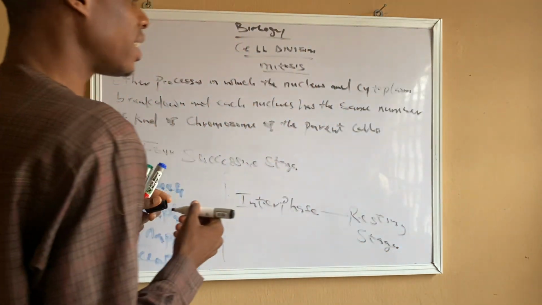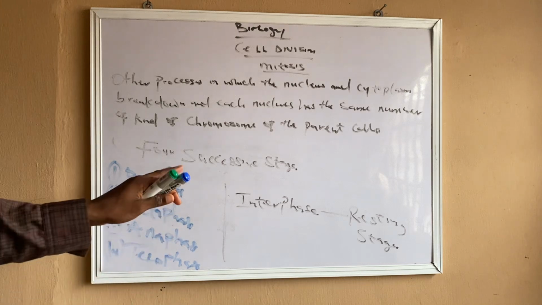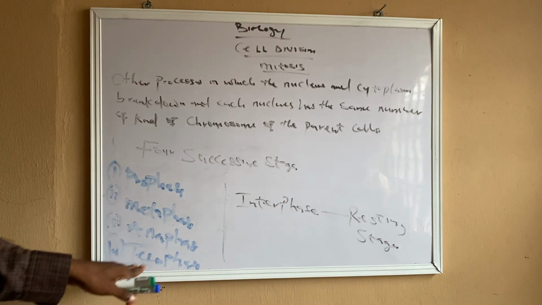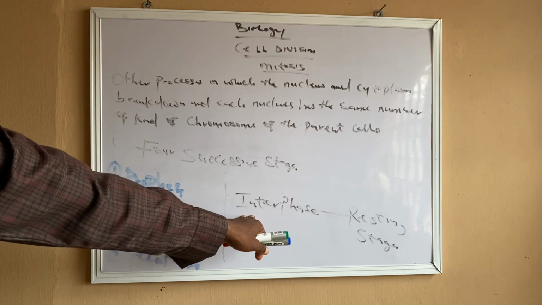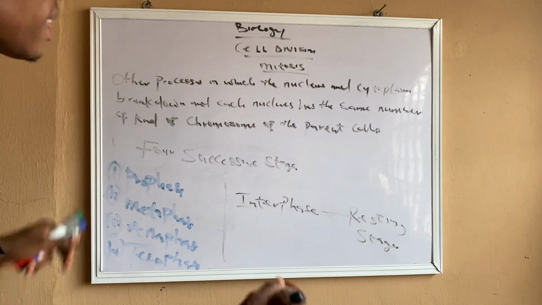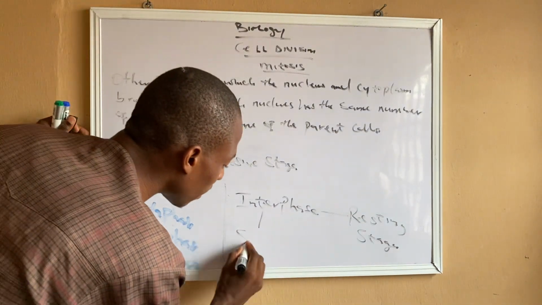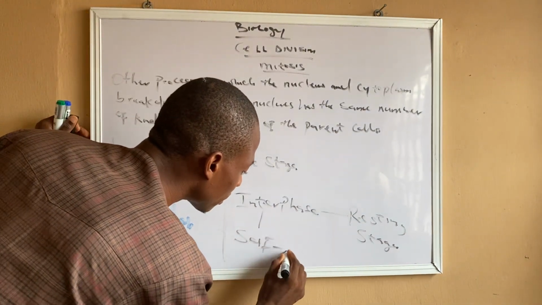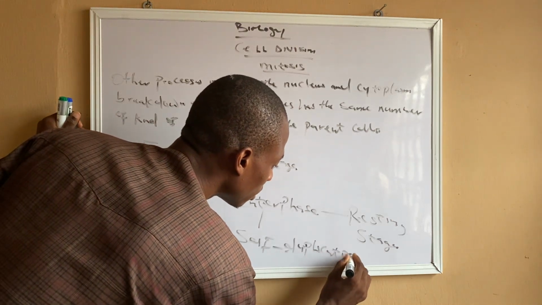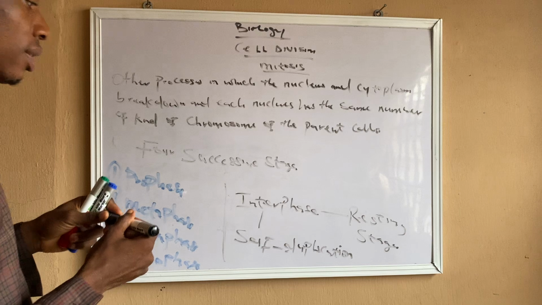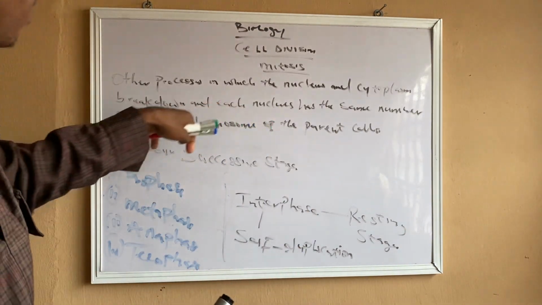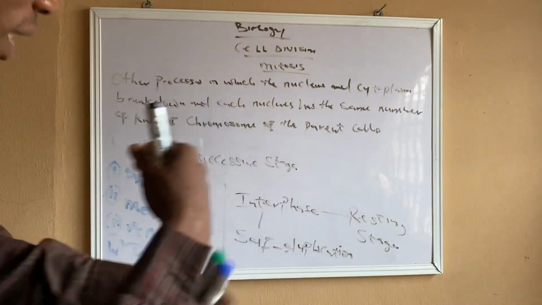After all these processes have completed, mitosis goes into the resting stage. What happens in this resting stage is self-duplication. The cell wants to duplicate itself to have the same number of chromosomes.